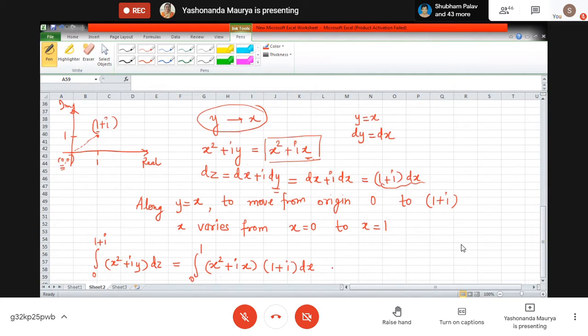Now everywhere it is only a single variable, so we can handle this. 1 plus i is a constant, I can take it outside the integral sign: 1 plus i integral from 0 to 1 of x square plus ix dx.